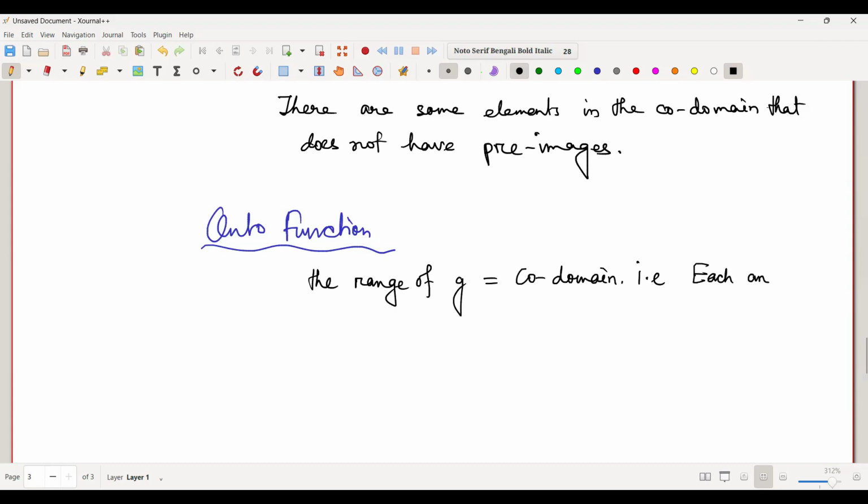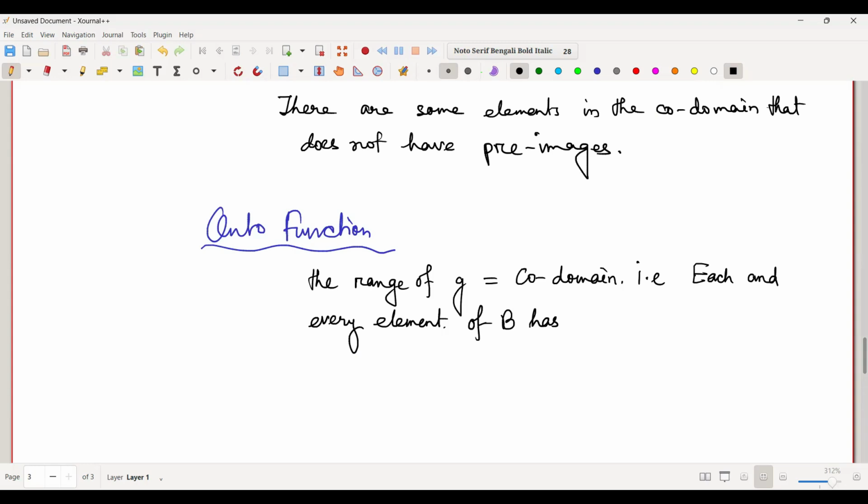Each and every element of B has at least one pre-image. Here I am not writing a formal definition.